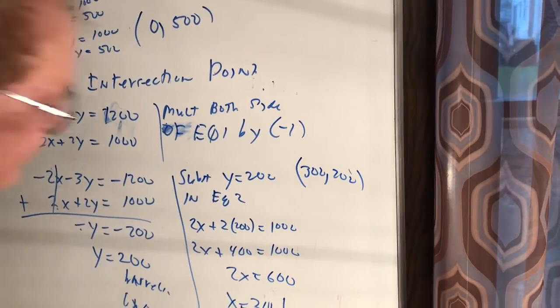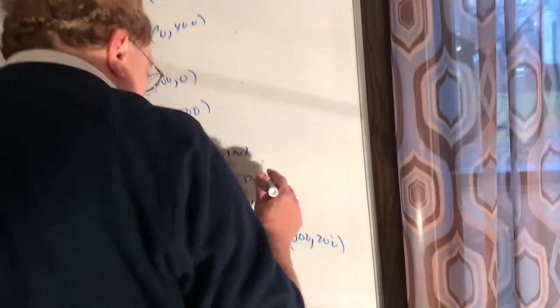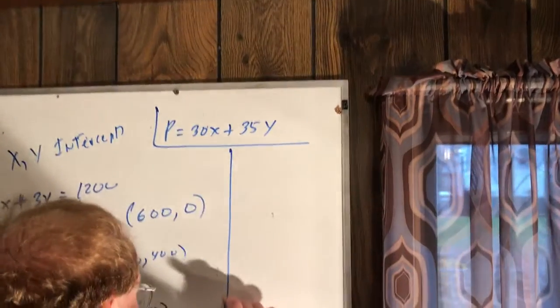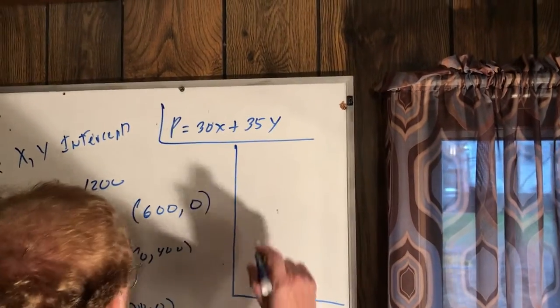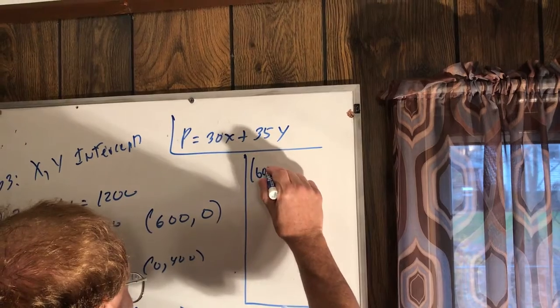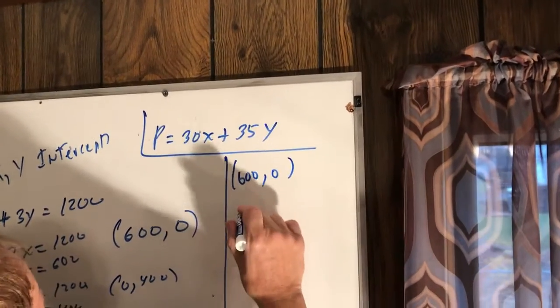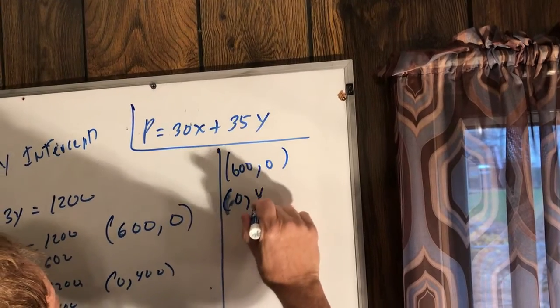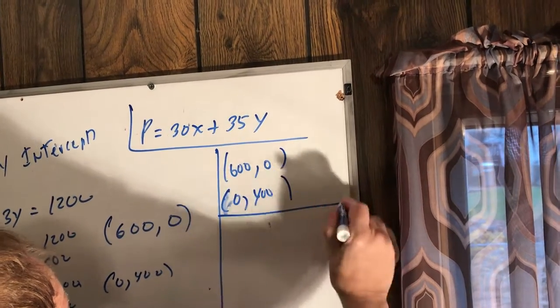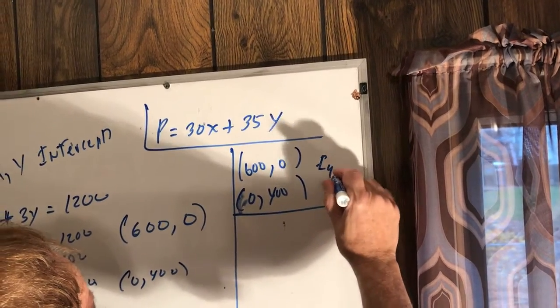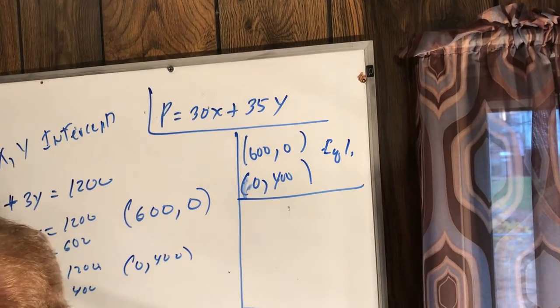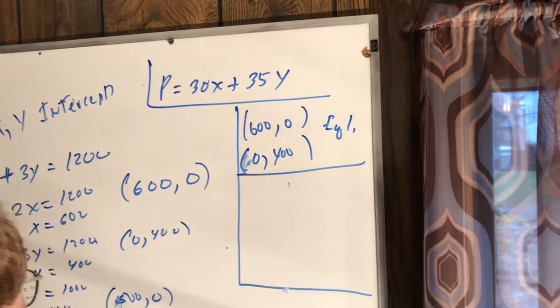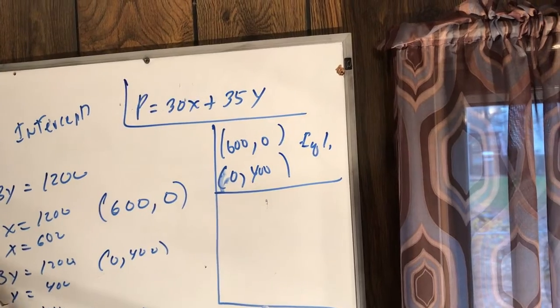So what I'm going to write down here is my intersection points that I have, so I can carry them over. I have 600 and 0 and 0 and 400, and that's equation 1, that line. And I'm sorry, that's equation 2, I believe.